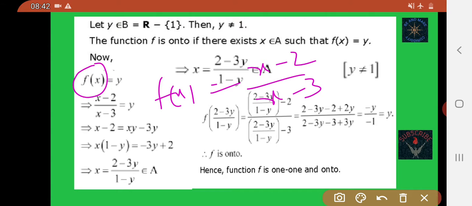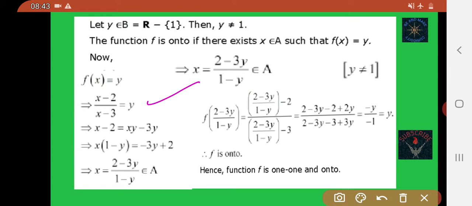So here put its value, then you get (x minus 2)/(x minus 3) is equal to y. Now you solve this equation and write x in terms of y. So if you solve, you get x is equal to (2 minus 3y)/(1 minus y), x in terms of y.